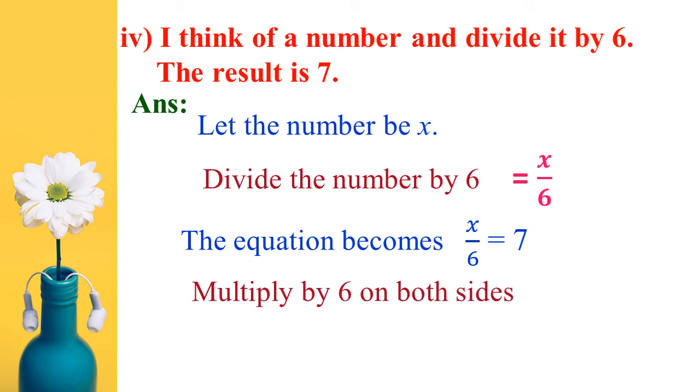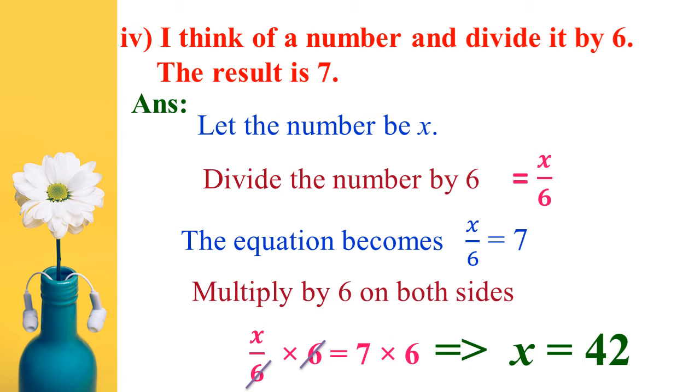Next, multiply by 6 on both sides. So we can write x by 6 into 6 equal to 7 into 6. So now 6 will be cancelled. Next, multiply 7 and 6, we get 42. Now the solution is x equal to 42.